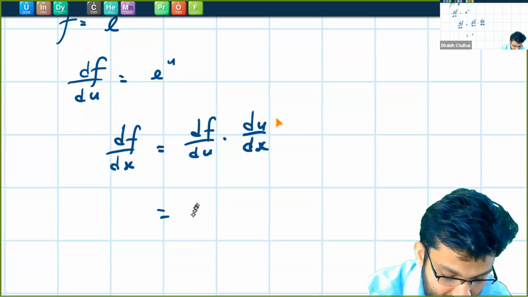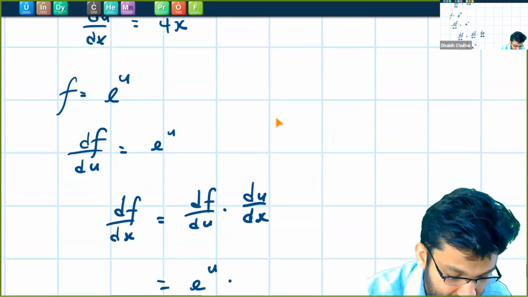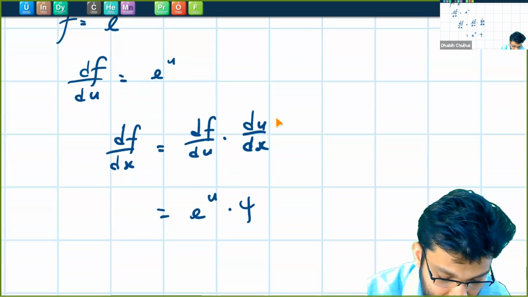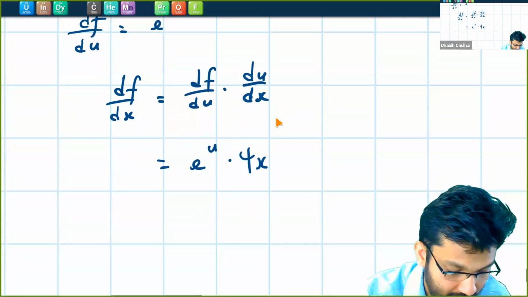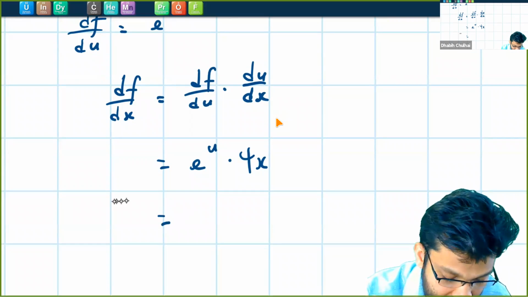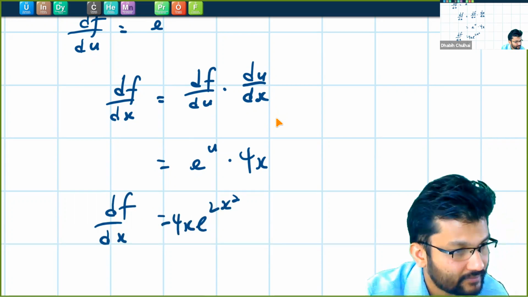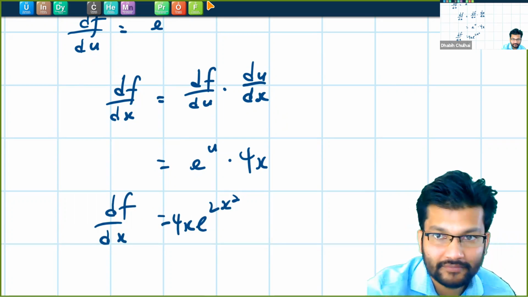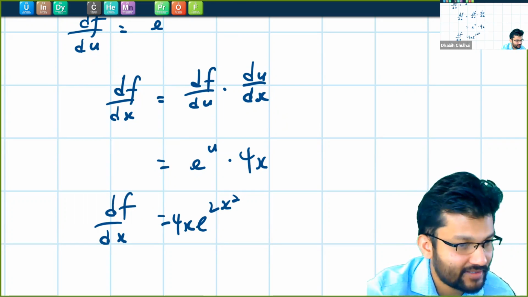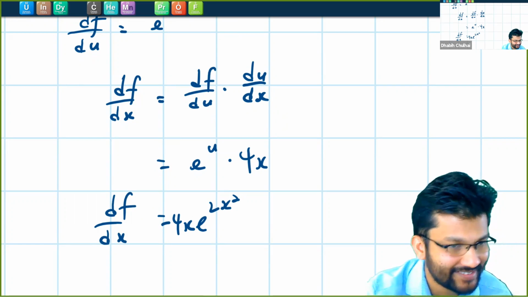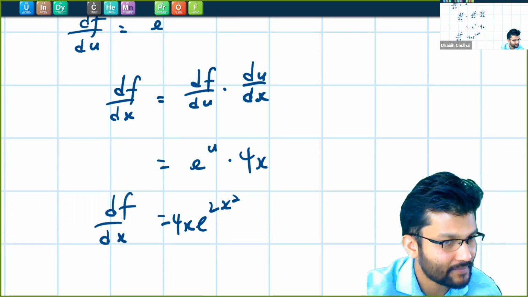So we get e to the u times du/dx, which was 4x. So df/dx becomes e to the 2x squared times 4x. I did all that math and I lost somebody, or we gained somebody. I'm not sure. Does that make sense?